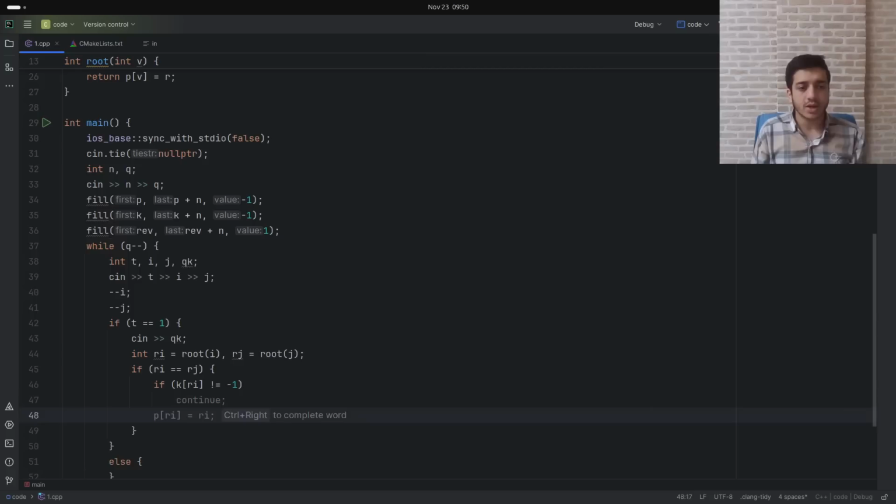Otherwise, here we have some chance to find the root itself.